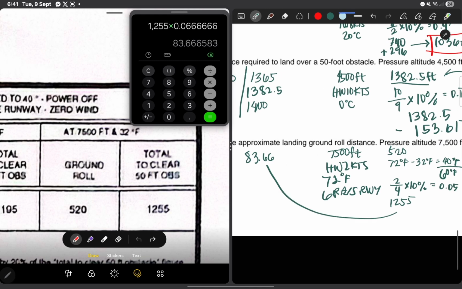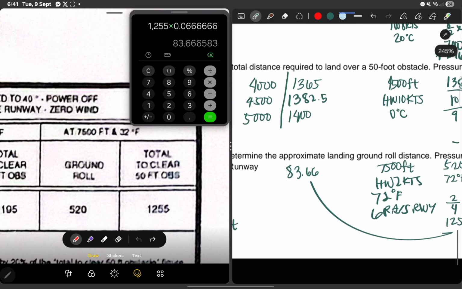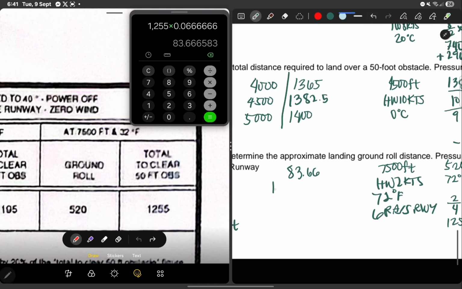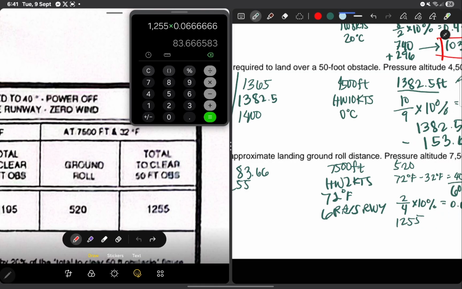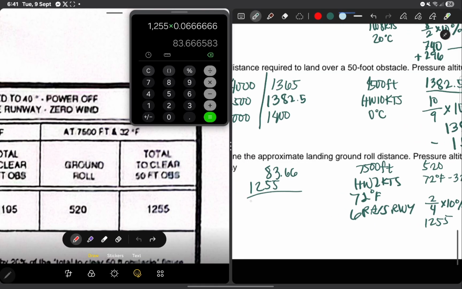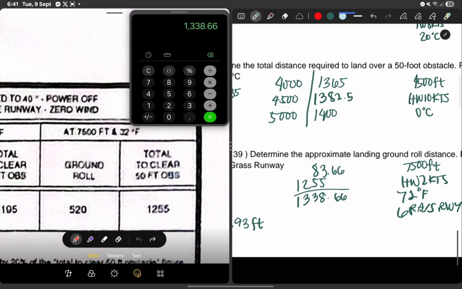Next, we will add it to our 1255 value, which is 1338.66. I'll just put this in the calculator just in case because I'm not very confident in my math. Okay, so I was right. 1338.66 is our value, right?